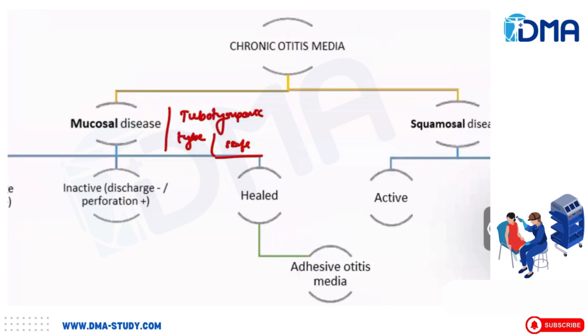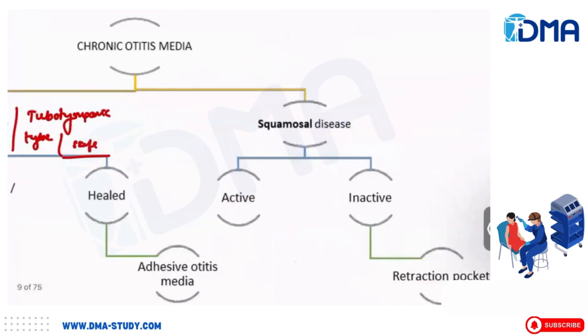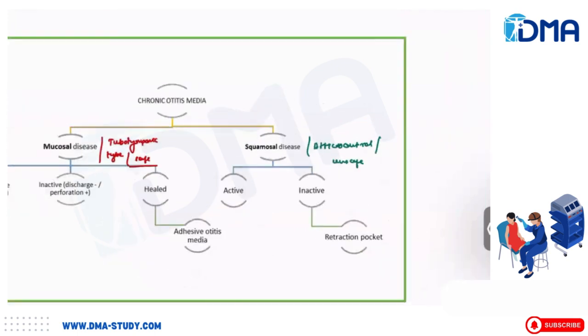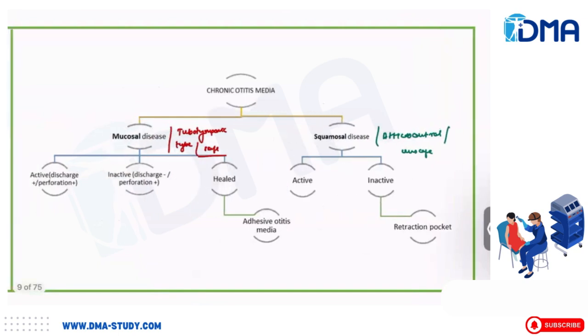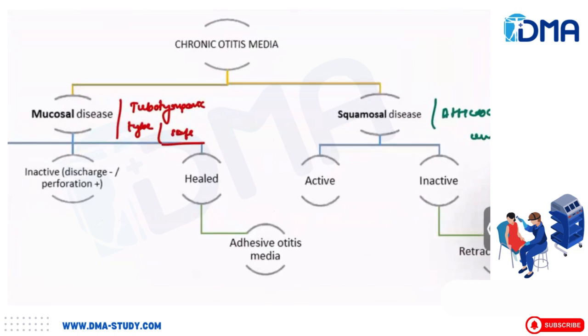The other names for squamous disease are atticoantral disease or unsafe disease. This chronic otitis media is not divided based on pars tensa or pars flaccida. It is divided based on the pattern of epithelium, mucosal disease or squamous disease.